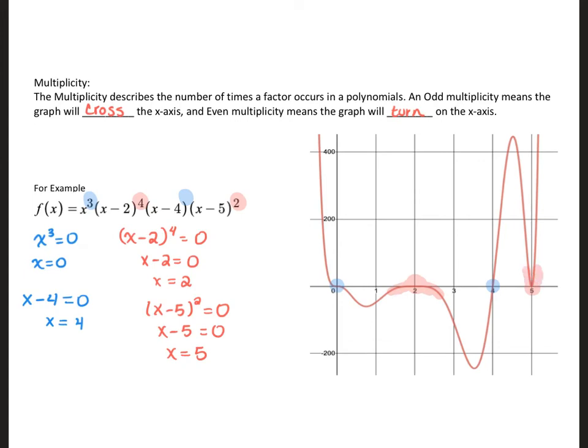So creating a little bit of a maximum here because it's turning, and a minimum here, it's turning at 5. So if the multiplicity is even, the graph will turn on the x-axis, and if the multiplicity is odd, the graph will cross on the x-axis.